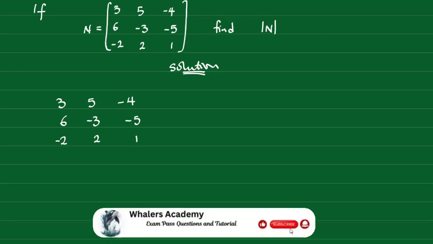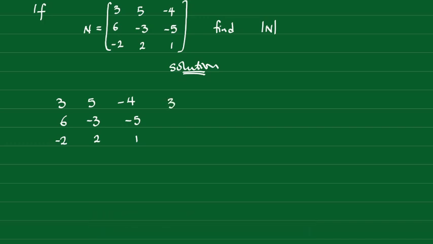Next, we do a recopy of our first two columns. So we copy out 3, 6, minus 2. We have 5, minus 3, 2.